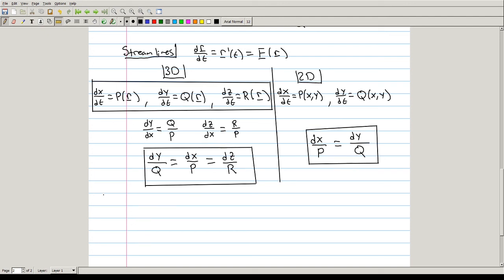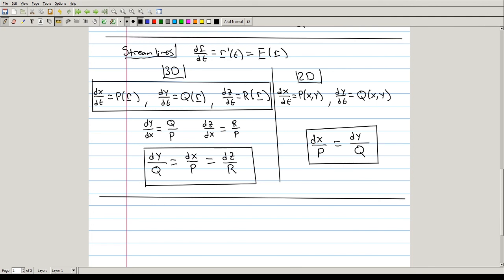So the main idea here is that if we can solve either of these systems, either the defining system that defines the streamlines, or this normally simpler system of differential equations, especially if these differential equations are separable, which is not always the case for every example, but if they're separable, we can use these simplified expressions right here to write down the streamlines and actually go through and solve for the streamlines.